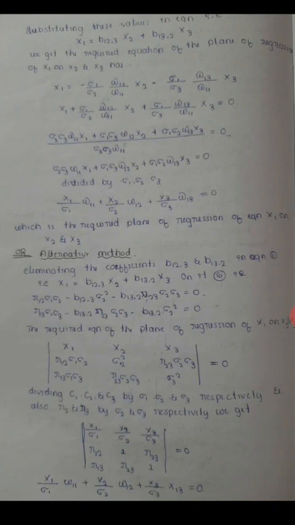Now eliminating the coefficients b12.3 and b13.2 in equation 1, that is x1 equals b12.3 x2 plus b13.2 x3, and using equation 6, we get r12 sigma 1 sigma 2 minus b12.3 sigma 2 square minus b13.2 r23 sigma 2 sigma 3 equals 0, and r13 sigma 1 sigma 3 minus b12.3 r23 sigma 2 sigma 3 minus b13.2 sigma 3 square equals 0.